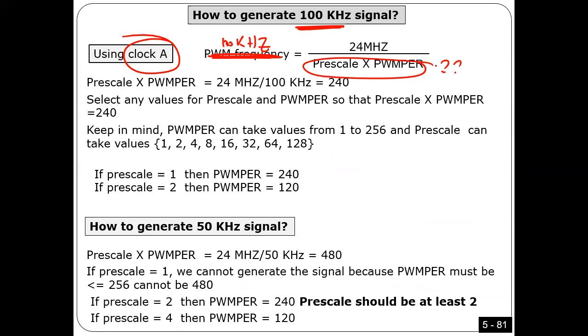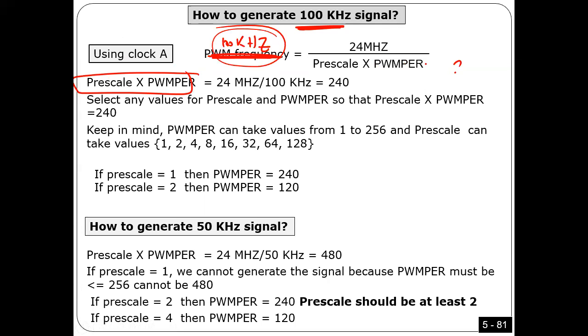If I do just multiplication, I find that in order to get 100 kHz here, the multiplication of these two registers should be 240. So any value, it's up to you. Select any values here so that their multiplication is 240.